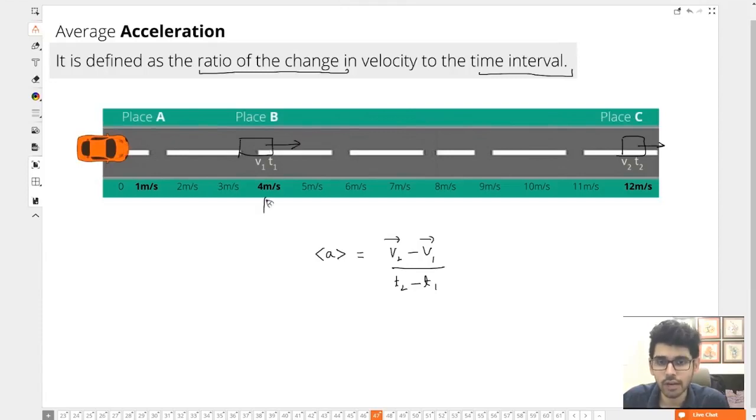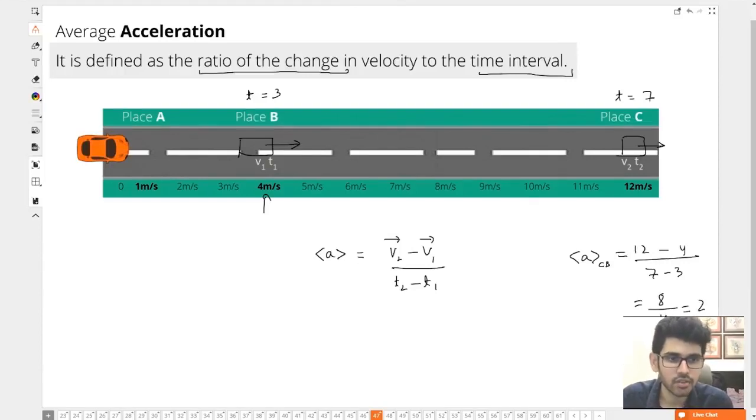Here it was moving with velocity 4 from B to C. Between C and B, the final velocity will be 12 minus 4, upon the time. Let's say at t equals 3 it was here, and at t equals 7 it reached here. Just giving some values. So how much time elapsed? 7 minus 3. So this will be your average acceleration, which will be 2. Did everyone follow?